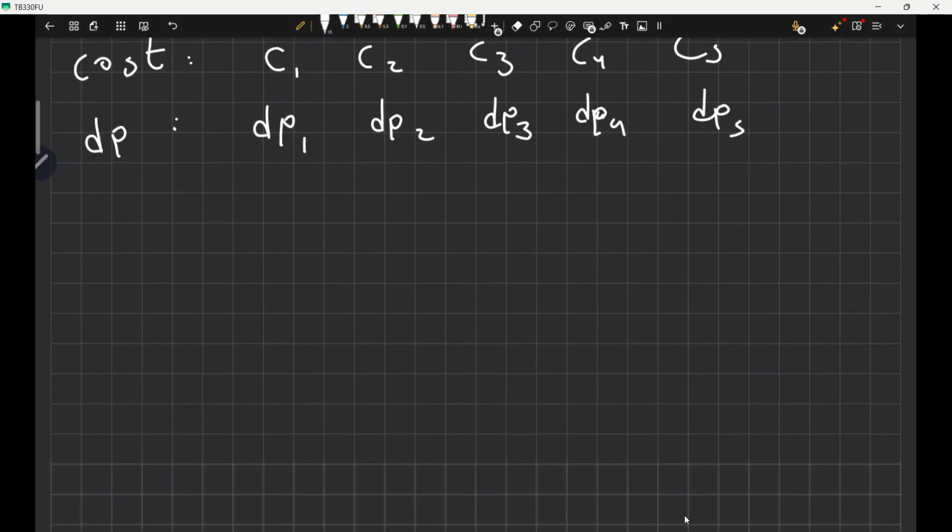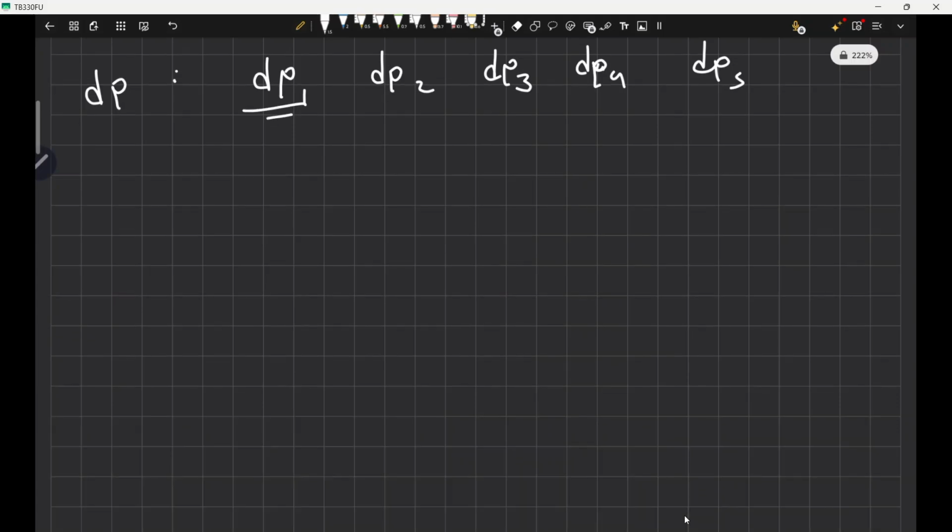Initially you have the value of dp of 1. In the first second, you calculate dp of 1, which is nothing but the cost of 1.